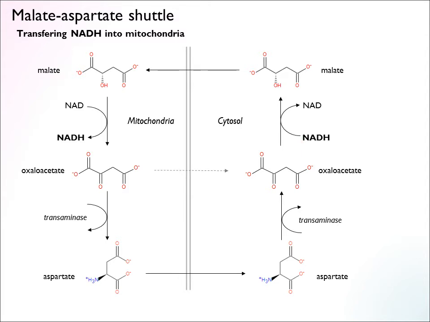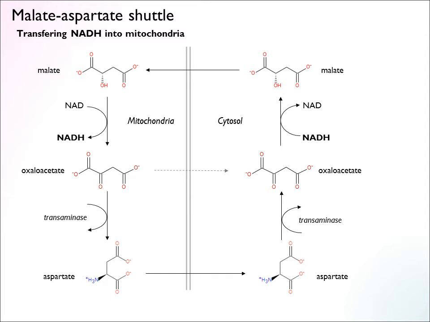And if we're running glycolysis and oxidizing the pyruvate we get in the mitochondria, then we have an excess of NADH, and it has to be taken care of somehow. So this shuttle is a kind of intricate system to be able to get the reduced form of NADH into the mitochondria.